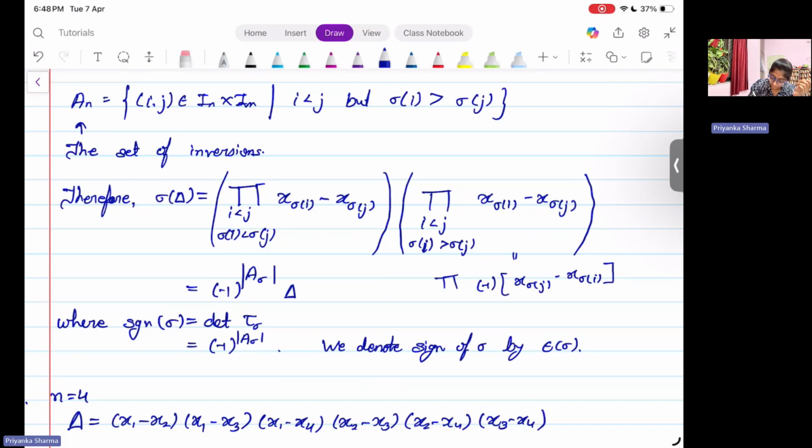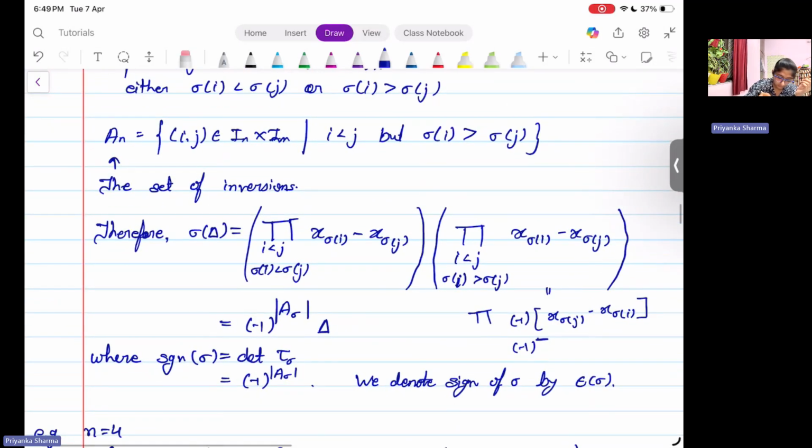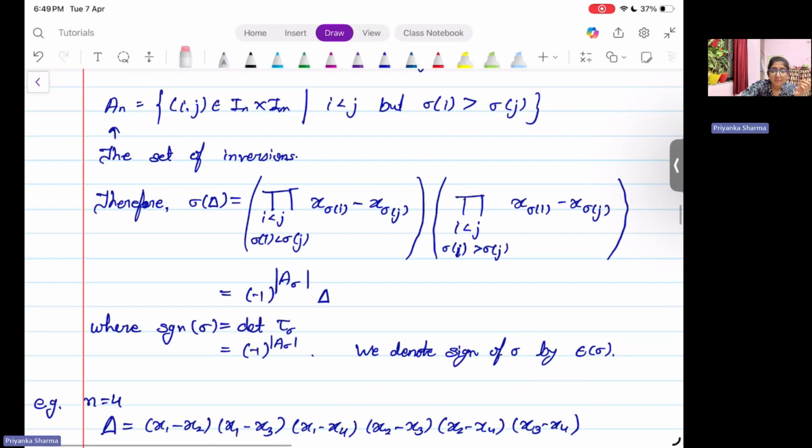So we will have minus 1 to the power of the cardinality of the set A_sigma. Collectively, sigma of delta is (-1) to the power cardinality of A_sigma times delta. Here (-1) to the power cardinality of A_sigma is the sign of the permutation sigma, which can also be denoted by epsilon of sigma.